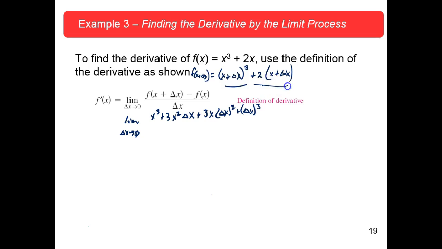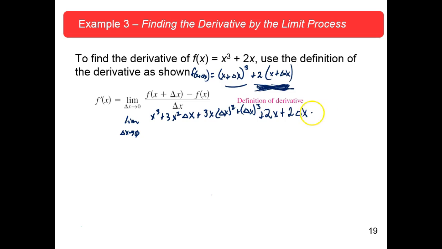Now, let's do this last part, this part. What does that give you? Not that hard, I don't think. It's plus 2x plus 2 delta x, right?